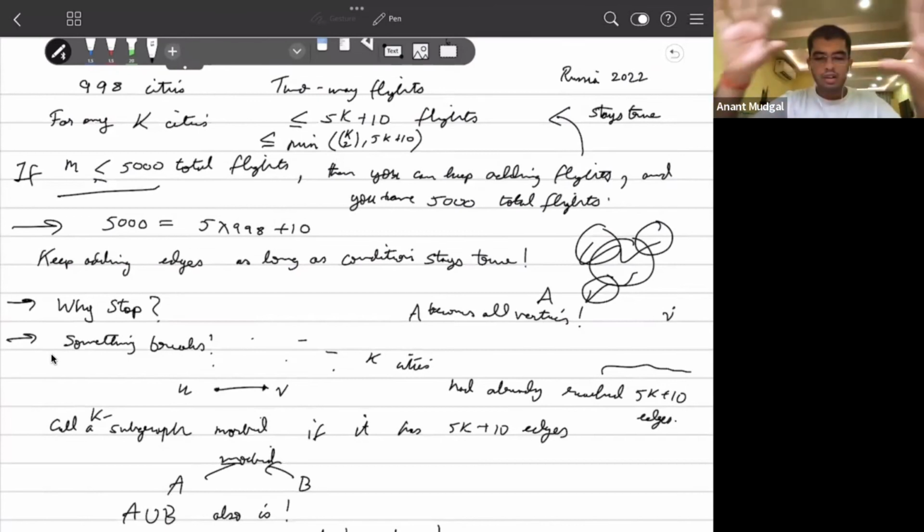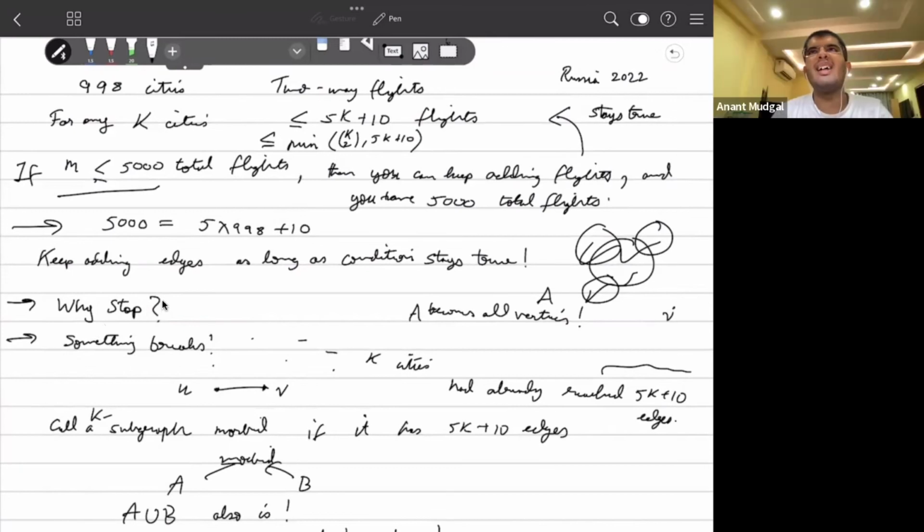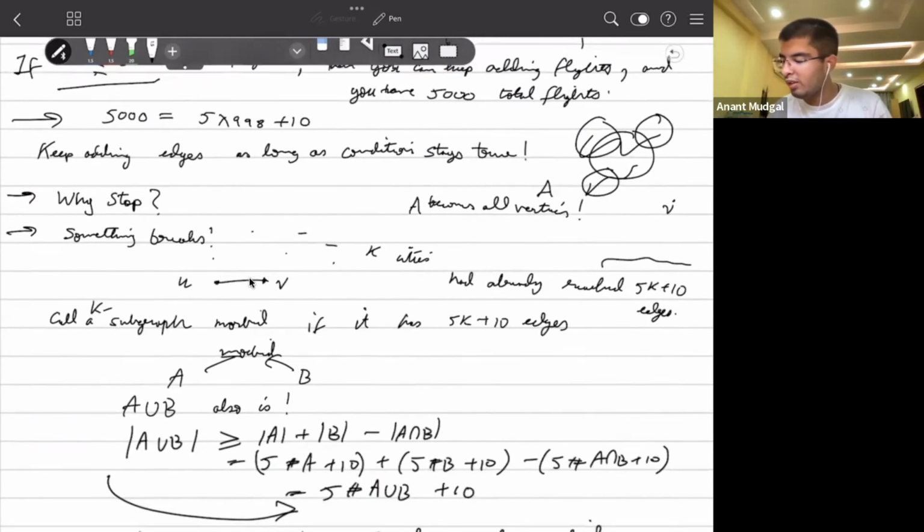So something breaks, and if something breaks, what that means is that if you add this edge, it either forms some clusters or some vertex and a cluster thing. I probably should have said cluster instead of these morbid sets, but cluster is probably the right term for this. So it has to be part of some cluster which has exactly 5 times the size plus 10 edges. So look at those clusters specifically now.